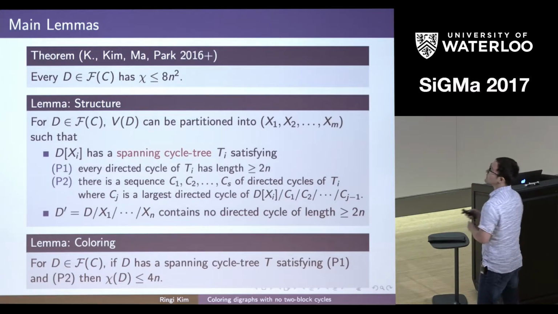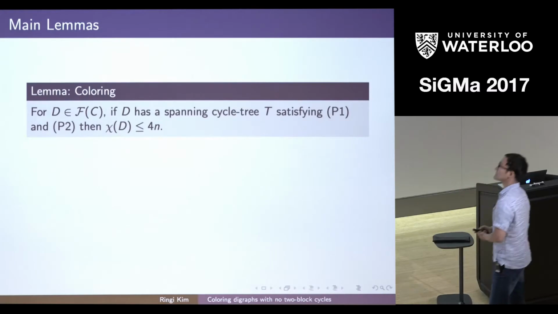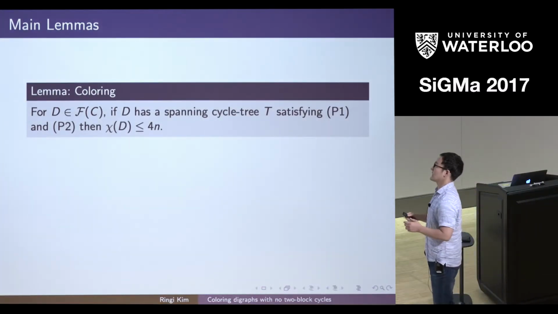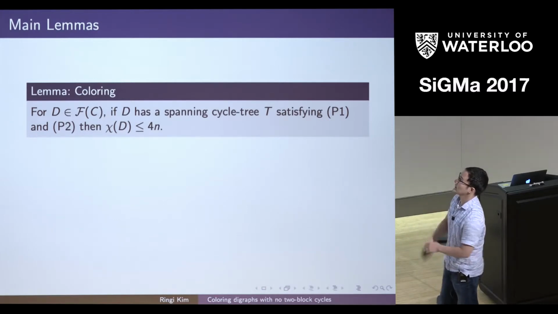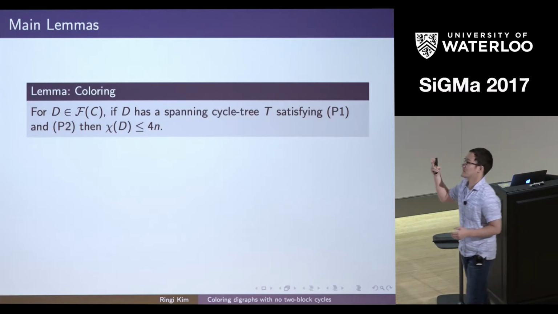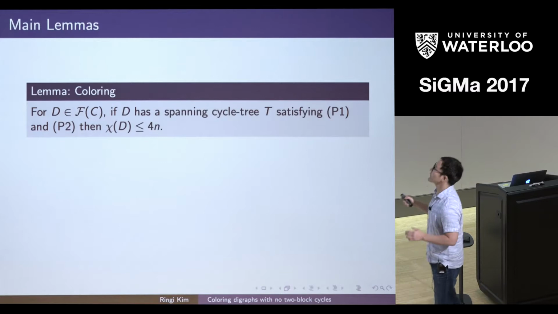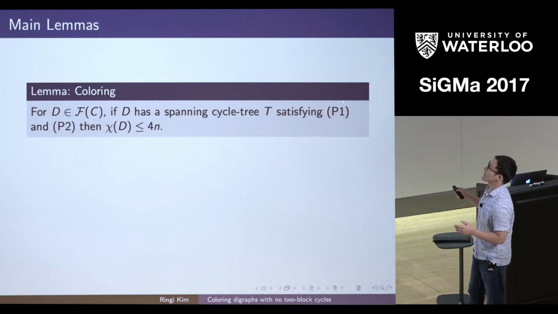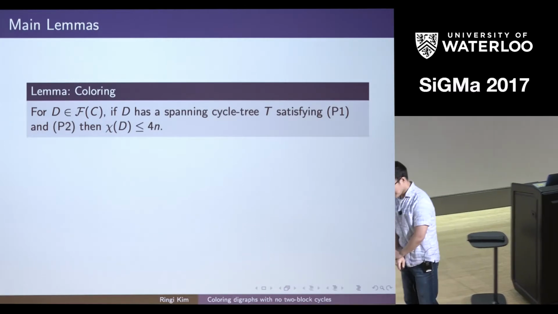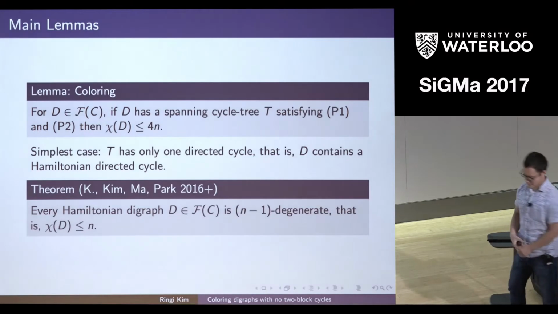Okay, now we're going to look at the second lemma. The second lemma says that for every strong digraph D contained in Fc, if D has a spanning cycle tree T satisfying the two properties P1 and P2, then its chromatic number is at most 4n. Actually, you don't need to memorize what P1 and P2 are because I'm not going to say it anymore. Okay, so let's first consider the simplest case.